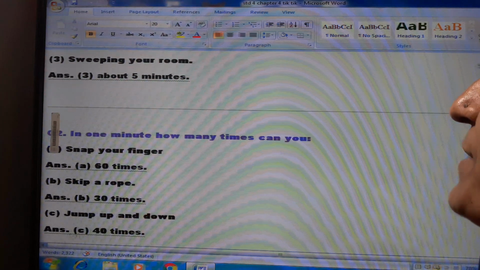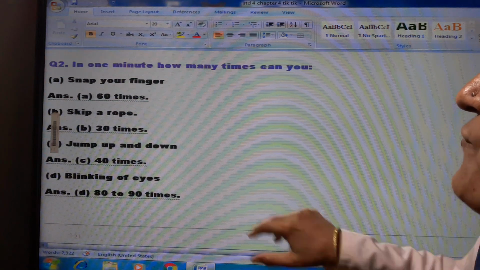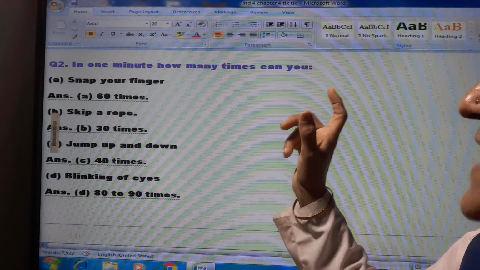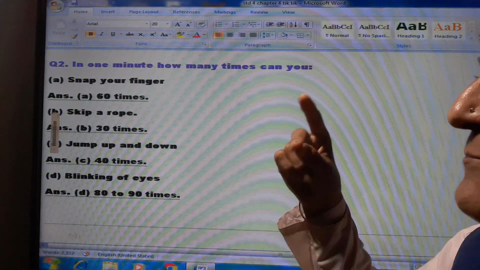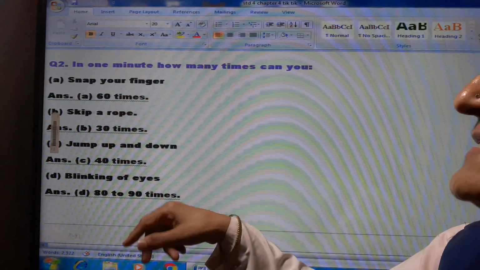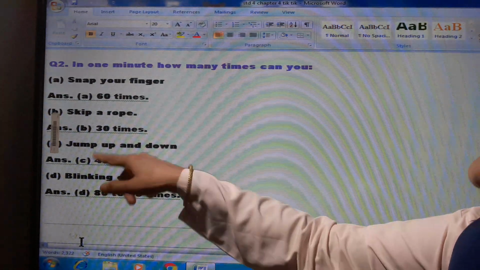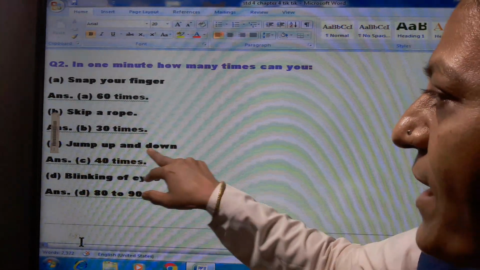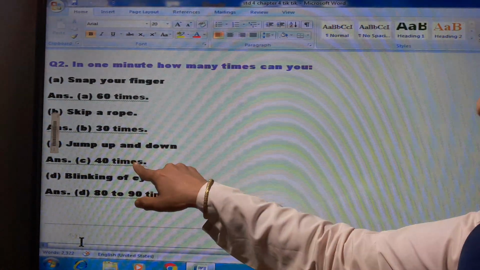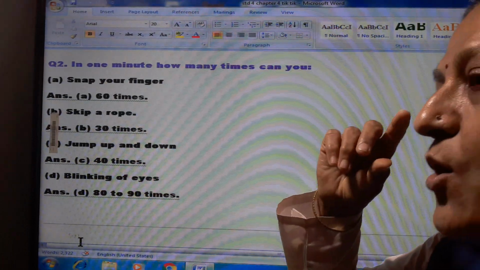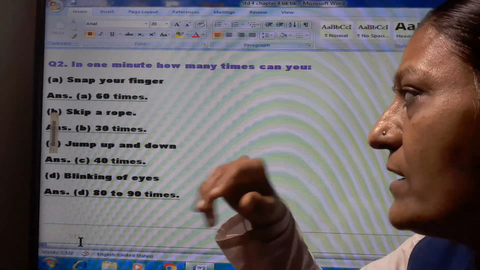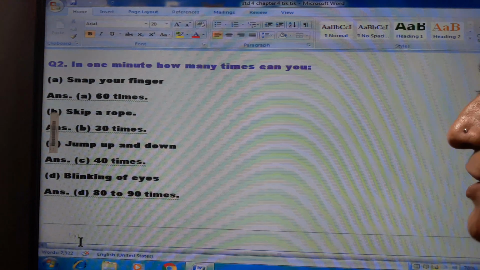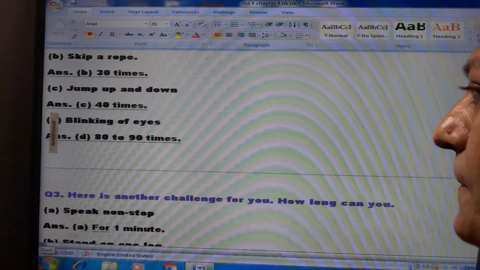Now question number 2. In 1 minute, how many times can you snap your finger? 60 times. Skip a rope, 30 times. Jump up and down in 1 minute, 40 times. Blinking of eyes. When we blink our eyes in 1 minute, 80 to 90 times.